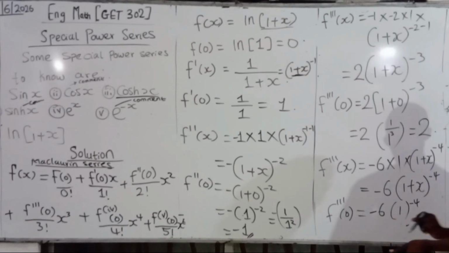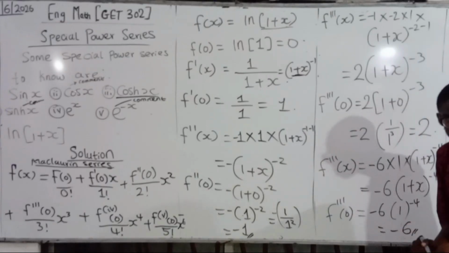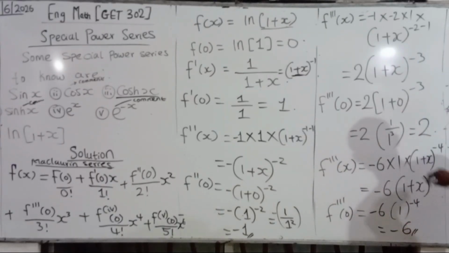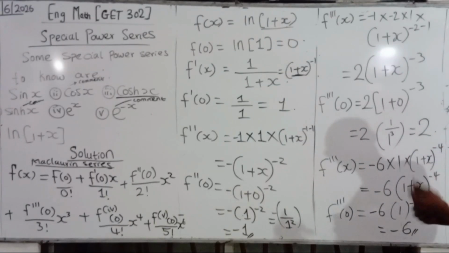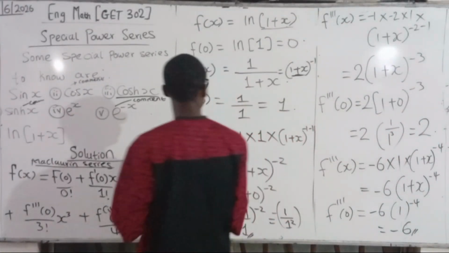Multiplied by this minus 6, you get minus 6 as your final answer. If you are not sure of what we are doing here, because it's the application of laws of indices, you can just press this in your calculator: minus 6 open bracket 1 plus 0 close bracket raised to the power minus 4. Your calculator should tell you this to prove that what you are doing is correct.